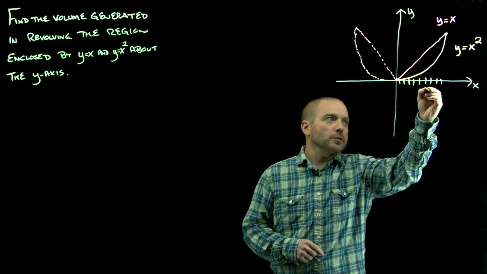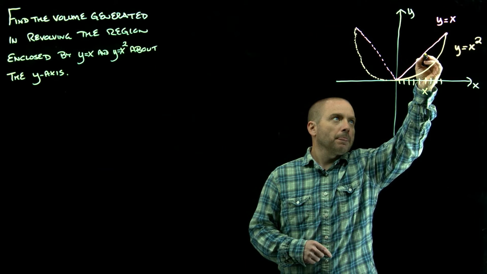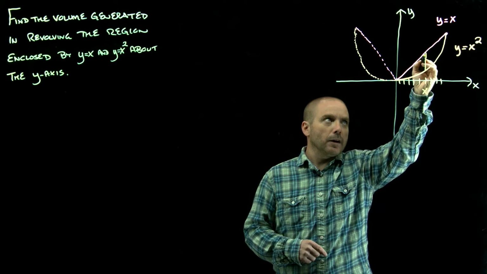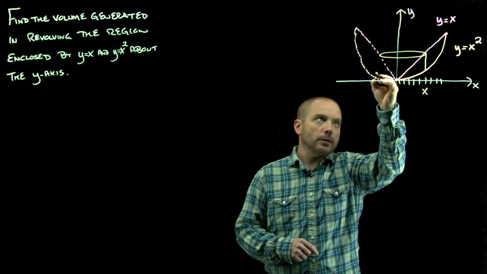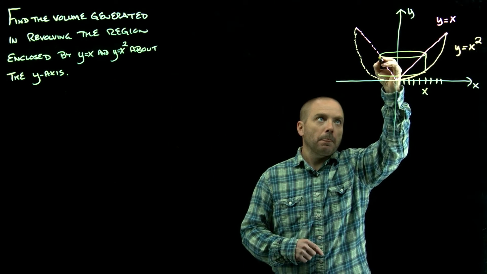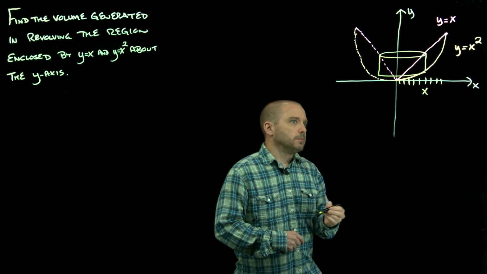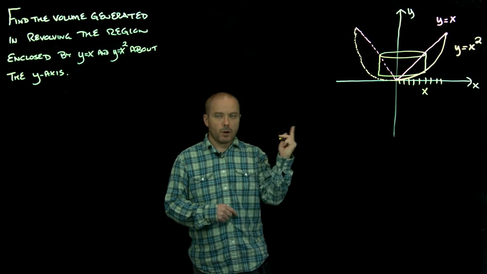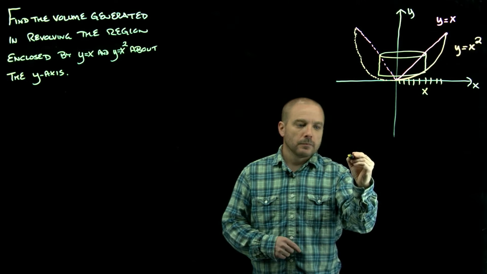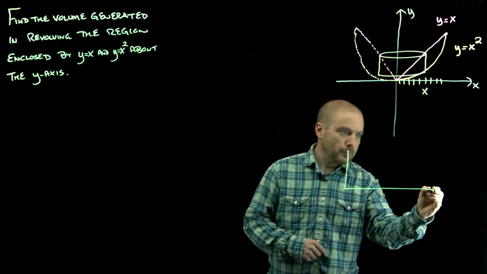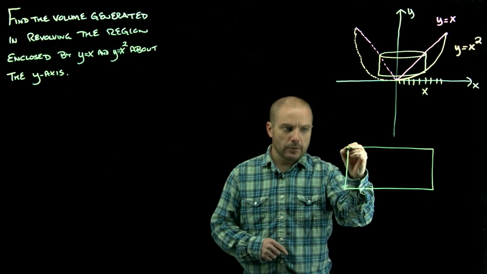So if I just pick some random x location, create my cylinder by revolving around here. Now all I have to do is figure out when I clip that thing and roll it out flat, what is the area of that rectangle?